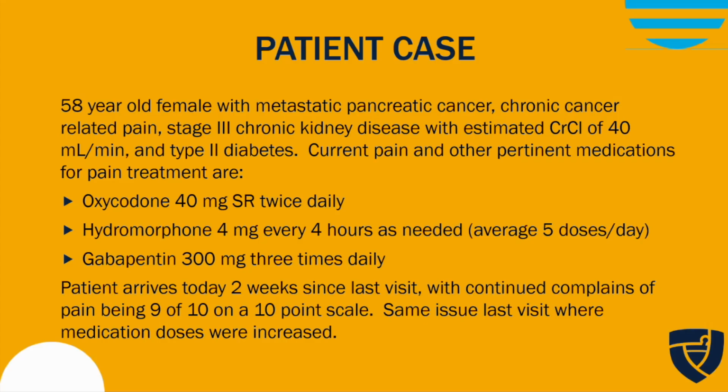Current pain and other pertinent medications for pain treatment are oxycodone, 40 milligram sustained release twice daily, hydromorphone, 4 milligram every 4 hours as needed, with an average of 5 doses per day, and gabapentin, 300 milligrams 3 times daily.